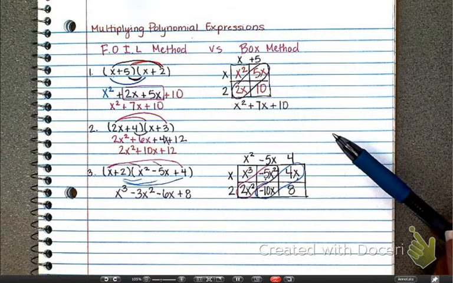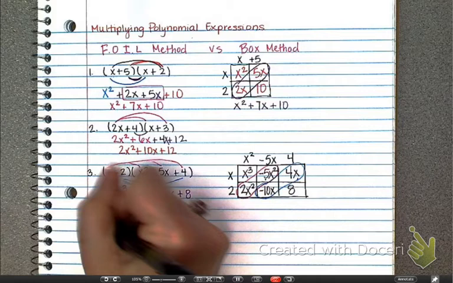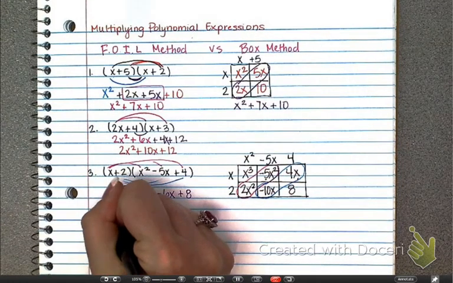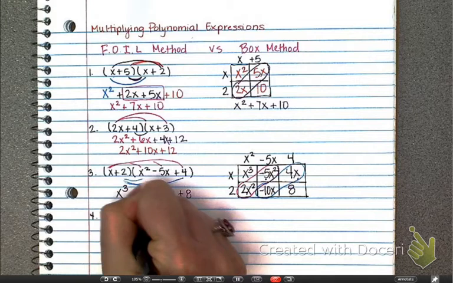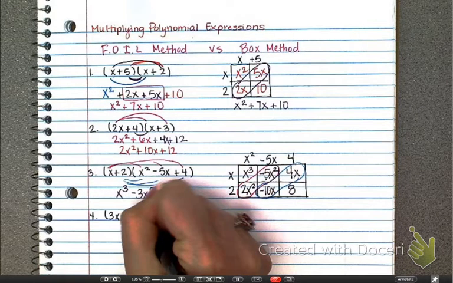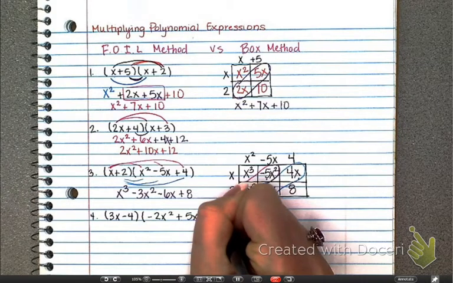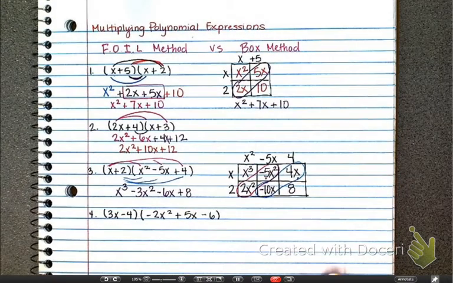Okay, so why don't you guys try this next one on your own, and then we're going to do one more after this and call it a day. Actually, I'm going to give you both right now. So one more binomial times a trinomial.